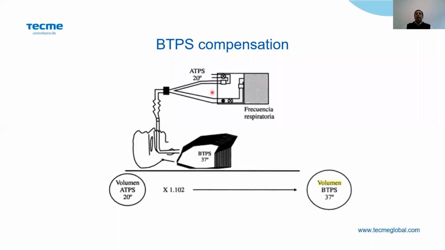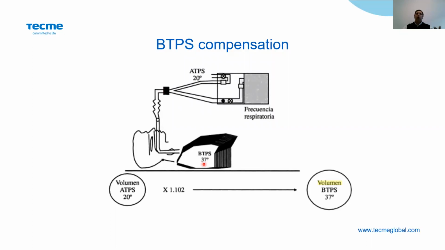What is happening with the machine or with the ventilators? Normally, the ventilator is delivering a gas that is cold, normally between 20 and 25 degrees centigrade. This gas is going to go through the humidifier, so the temperature of the gas is going to increase. So the volume is going to be increased, and this volume is going to be delivered to the patient.